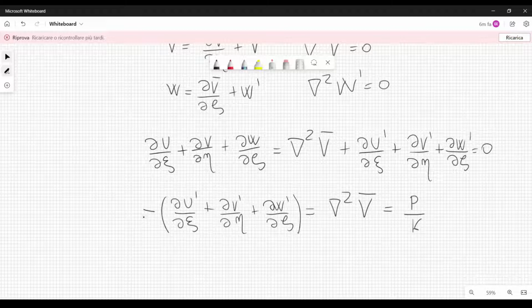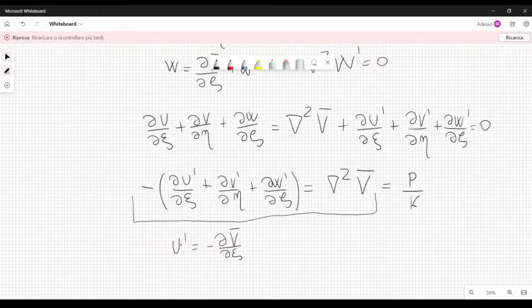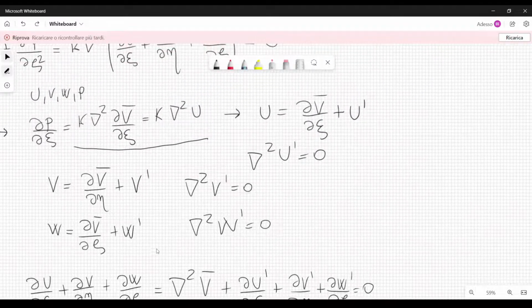Now, without looking at the previous expressions that we derived, if we just concentrate on this expression here, we can choose for u prime this expression, u prime equal to minus the derivative of V bar with respect to xi. This will help us find the solution, but do not concentrate on the equations that we found earlier, because if you check this definition here and you go back here, for example, if you substitute the expression that we defined for u prime in here, we would get u equal to 0.